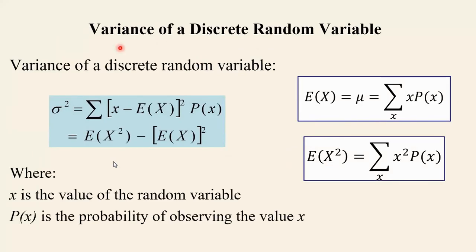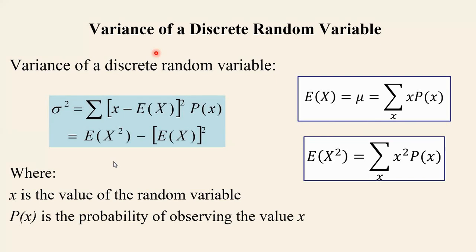Then similarly, variance. What is the meaning of variance? That is the deviations from the mean value. Usually, as a frequency distribution, we are looking at how the data are deviated from its mean value.